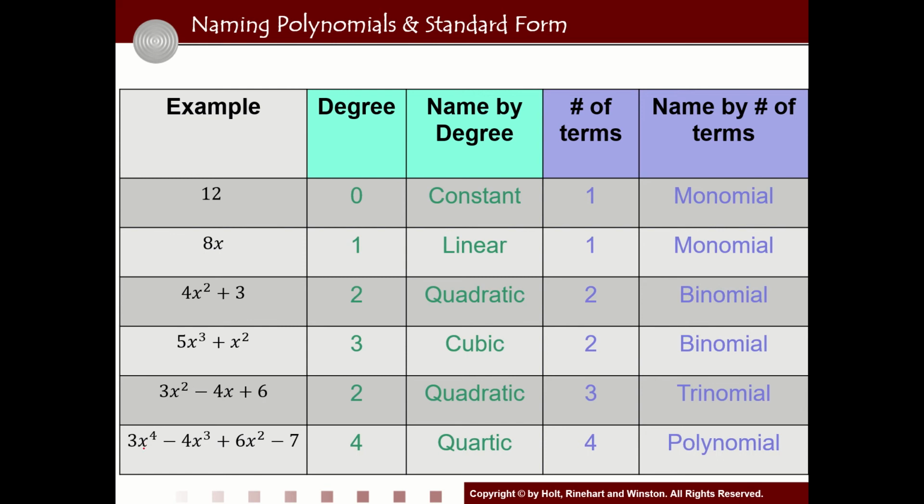So I have x to the fourth, x to the third, x squared, and there's no x with this 7. What that means is the exponent on that x is a 0. That's what takes that away. That's when the x doesn't even show up. So our exponents, we have a 4, a 3, a 2, and a 0. Our highest exponent, our greatest exponent, was 4. So that's our degree.